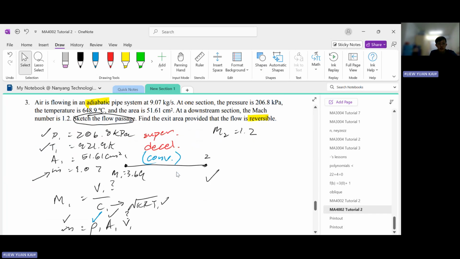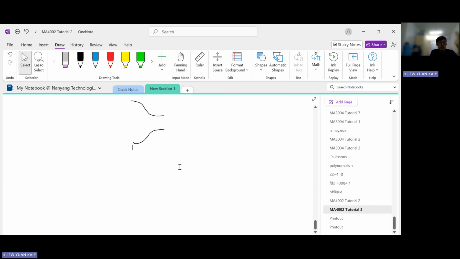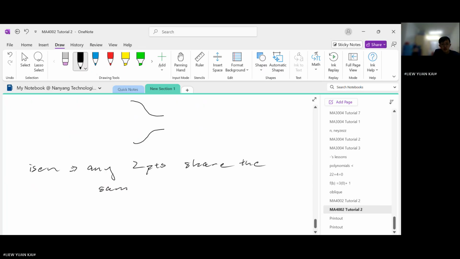So how do you find the exit area? This is another important property that you need to know about isentropic flow. For an isentropic flow, any two points share the same critical point. This is a special property of isentropic flow that you need to remember.